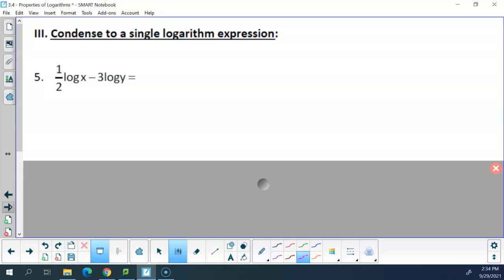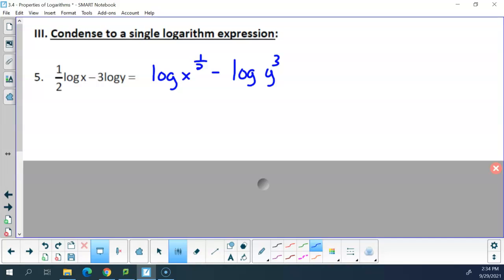Let's go the other way now. Let's take a long string and let's condense it. Okay. So first thing here, I would apply the power property. So this would become log of x to the 1/2 minus log of y cubed. When we're expanding, we apply the power property last.